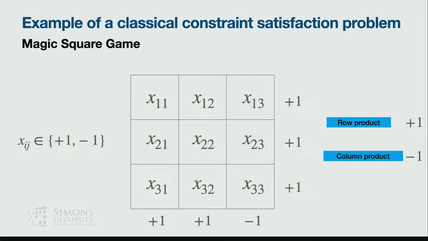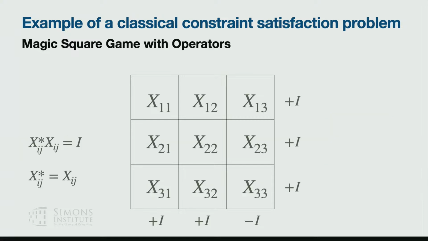But what if we try to plug in, instead of scalars, operators that mimic +1, -1? So what are these operators? These would be unitary operators with eigenvalues +1, -1. Could we hope to solve this problem by plugging in operators? In particular, we want the product of rows and columns to be plus identity operator or minus identity operator.